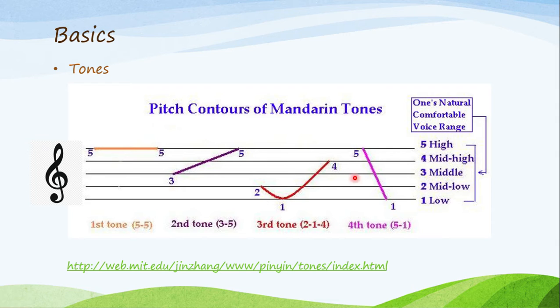The third tone's quite difficult, but we'll repeat that again, starting from the first tone. Keep in mind that they don't have an A sound or anything like that, it's just a tone.